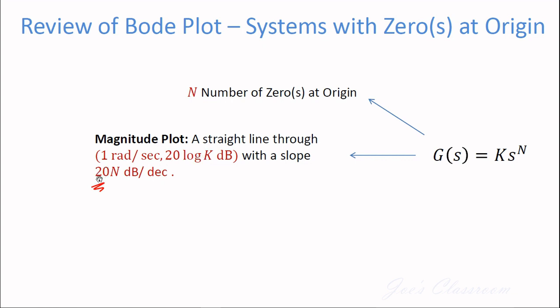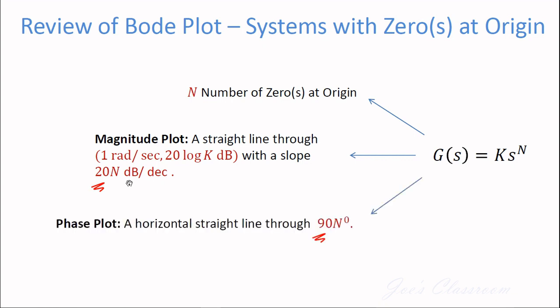There the slope was minus n times 20 decibels per decade, and here it is plus 20n decibels per decade. Similarly, the phase plot is almost the same, except for the sign. There it was minus 90n degrees, and here it is plus 90n degrees. The sign becomes positive because the s term appears in the numerator.